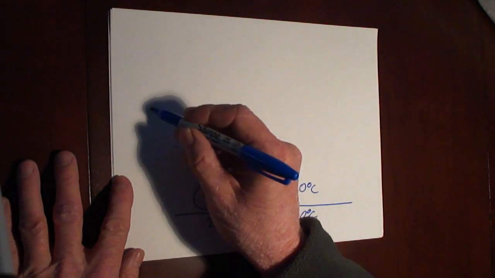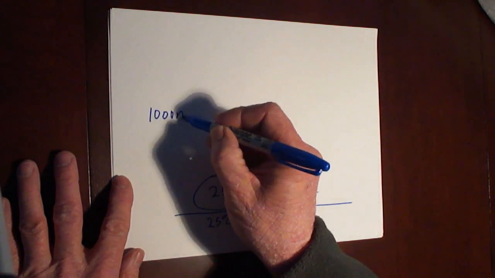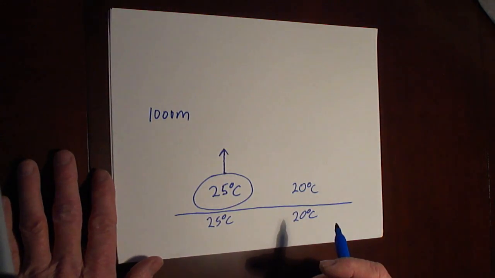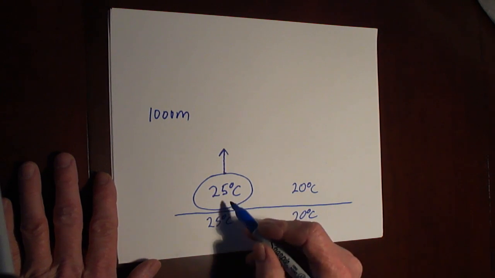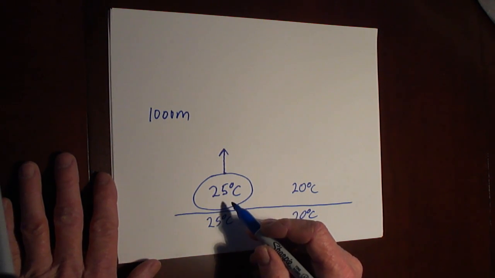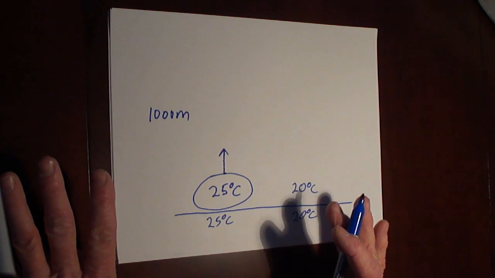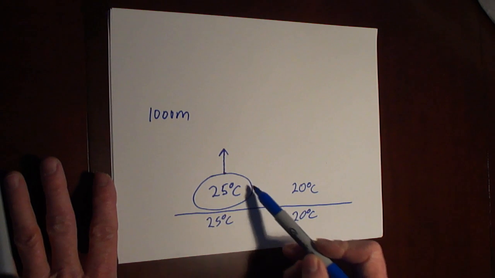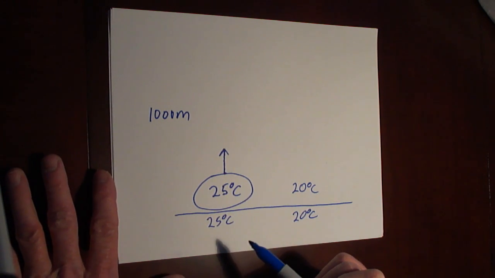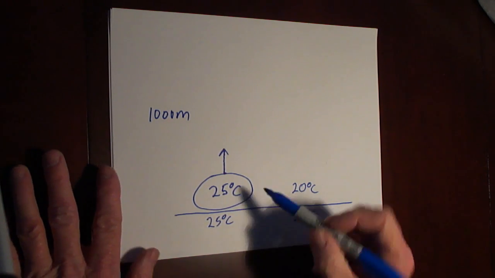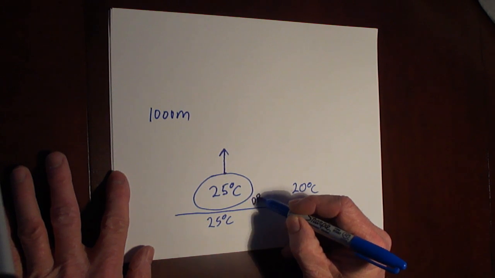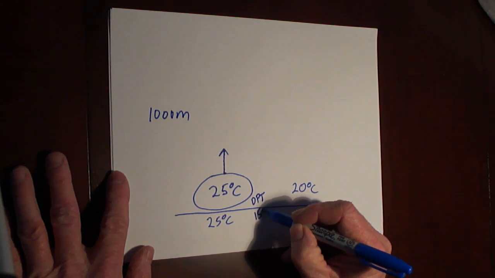We need to know one other thing before we can track for certain what its temperature is going to be at 1,000 meters. We need to know what the dew point temperature of this bubble is. And just to make things very simple and easy for you, I'm going to say that the dew point temperature of this bubble is 15 degrees Celsius.